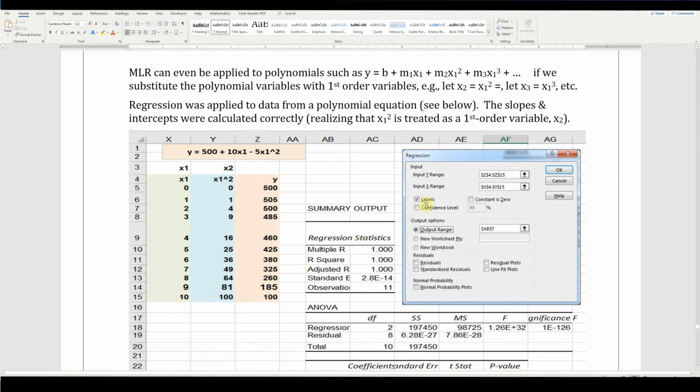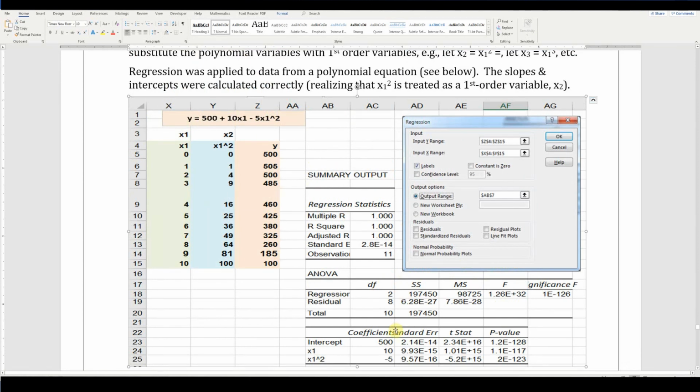So in the regression toolbox, for the y input range, enter the y values, which is Z4 to Z15. And in the x input range, include both the x1 and the x1 squared term. That's from X4 all the way down to Y15. And again, Excel correctly returned the intercept and the coefficient of the x1 term and the coefficient of the x1 squared term.